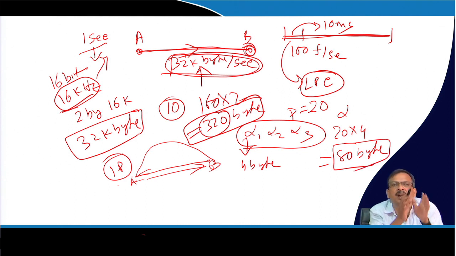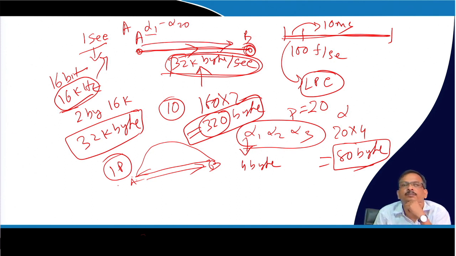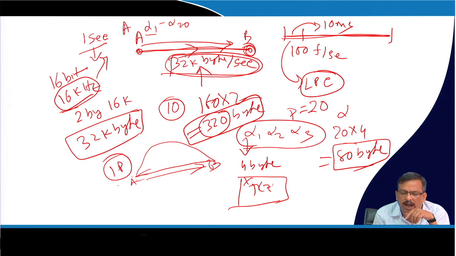So I implement LPC analysis at point A, extract alpha 1 to alpha 20, and transmit those to B. Now on the B side, I will implement 1 by A(z). I know alpha 1 to alpha 20, so I can implement 1 by A(z) and excite it by e(n).